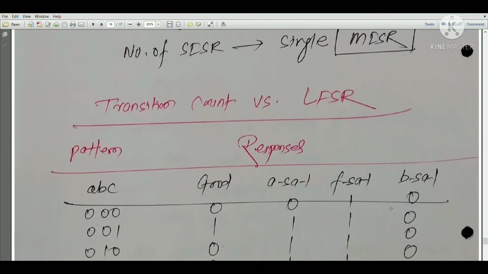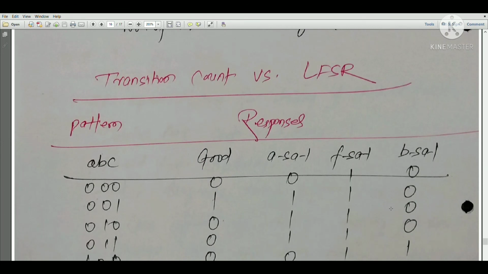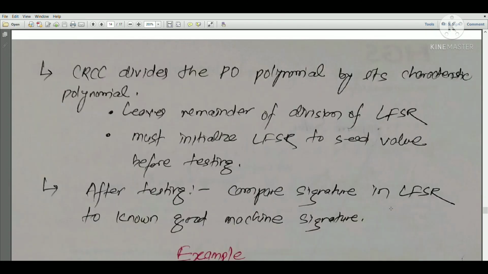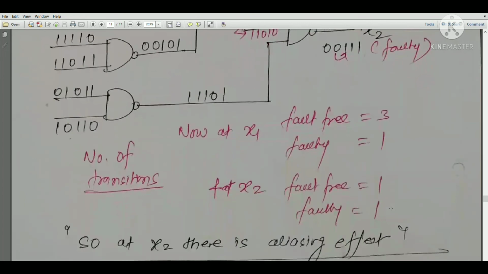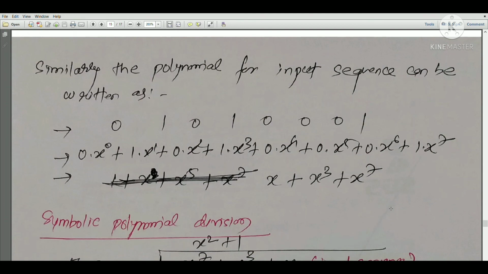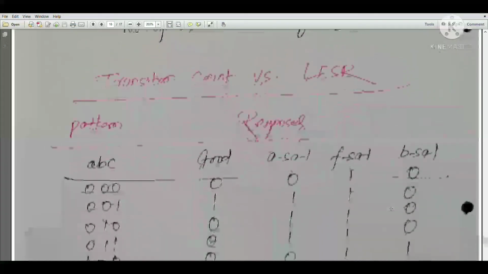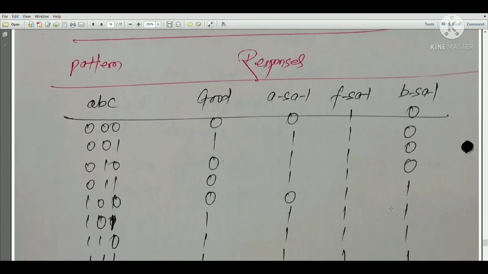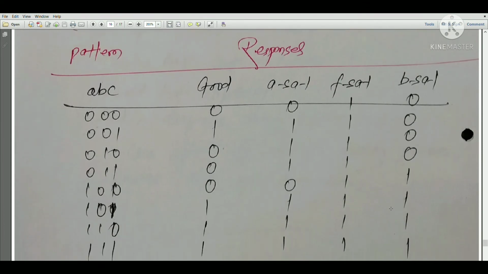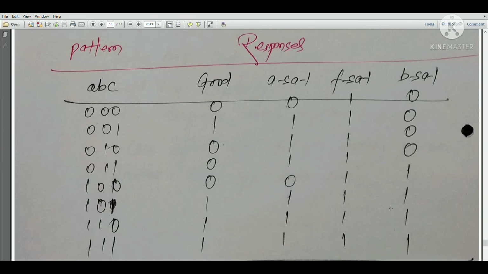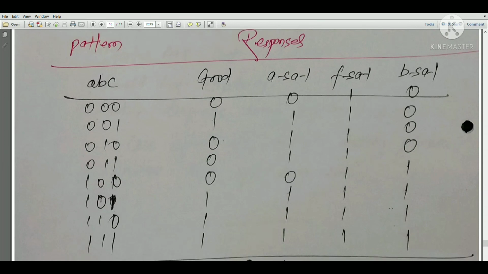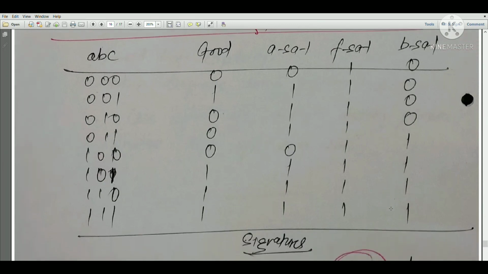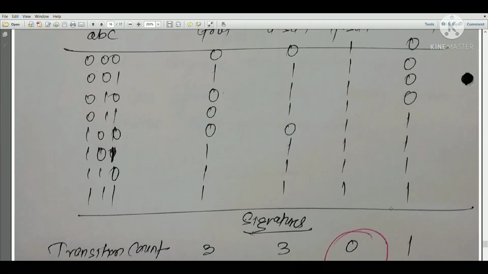Now the last thing that I want to discuss is transition count versus LFSR. We have seen the case of the transition count and now we are seeing the LFSR. How is LFSR better than the transition count? In case of the transition count, we concluded that the case of x2 is not giving us the correct logic. Now we compare that and we will see how the LFSR is performing well. Now suppose the pattern we applied for 3 inputs is this, and the responses are good, and then stuck-at fault at A, stuck-at fault at B, and stuck-at fault at F. Now suppose the output is coming like this.